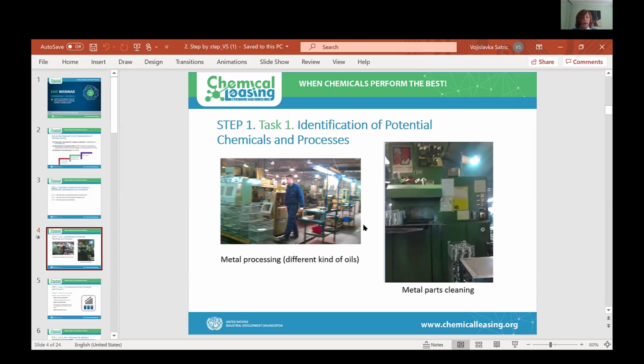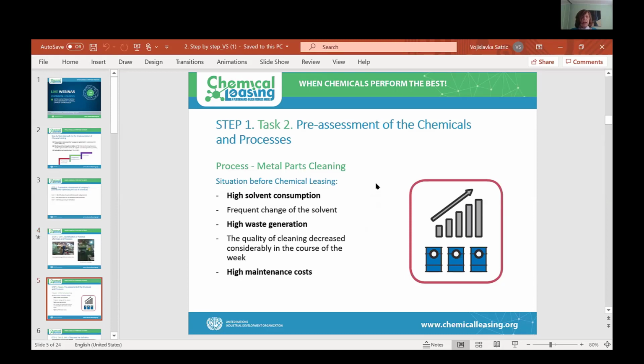It was metal parts cleaning. They had really bad problems in this process, because they used too much solvent. Consumption was too high because of frequent change of the solvent in the baths. They generate a lot of waste, and the worst of all was that the quality of cleaning was not good enough.